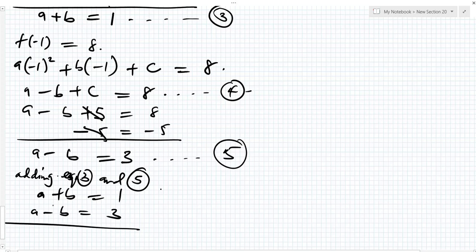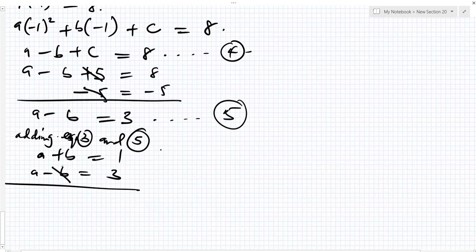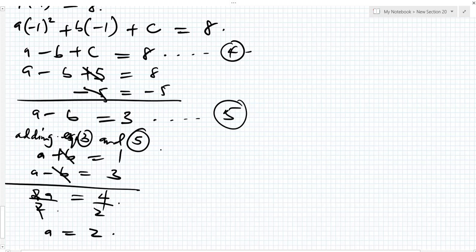If you add these two equations, this will cancel out this. This plus this will be 2a equal to 4. Now, if you divide both sides by 2, this will cancel out this. You have a is equal to 2.